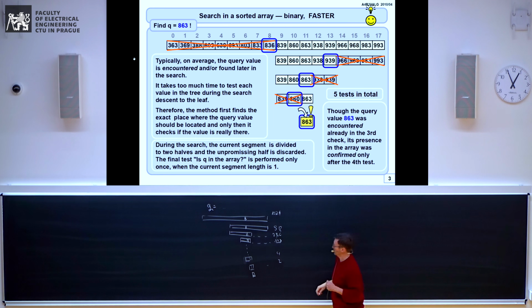So during the search, you would check here, that's the middle, so there you would perform 2 tests, and then there where they cut it off, there you would perform 2 tests, then here you would perform 2 tests, and so on.